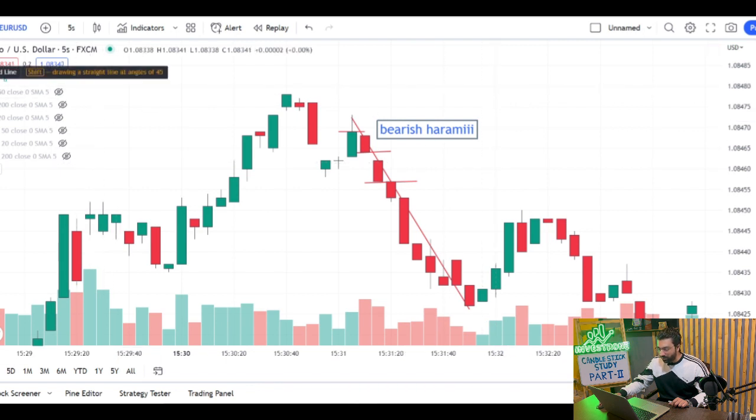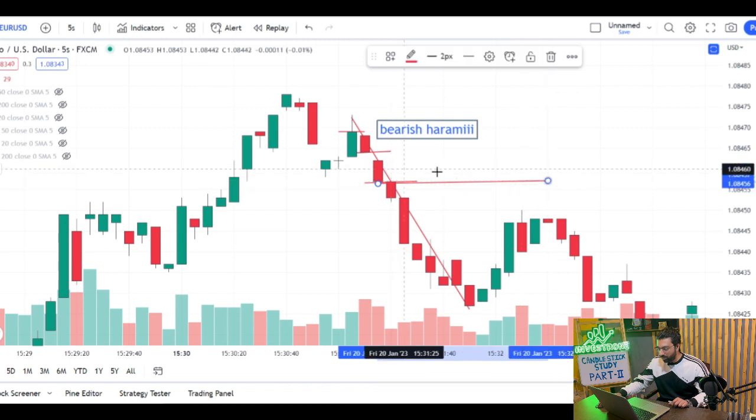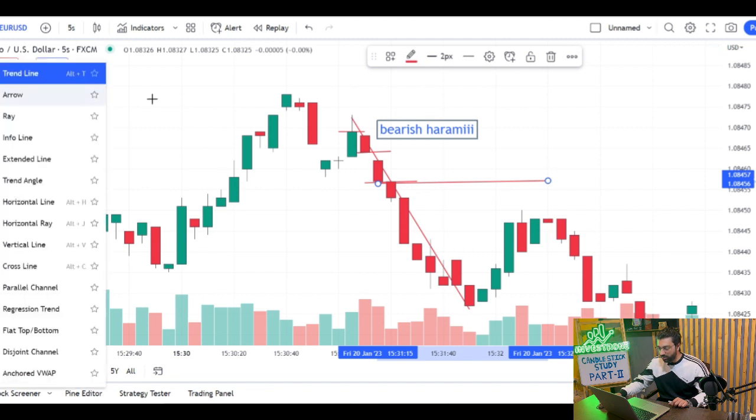So where should we enter? This is the question. You have to enter here at the closing of another candle, the closing of the third candle. So once you get the confirmation, you will enter from here. And where should be the stop loss?